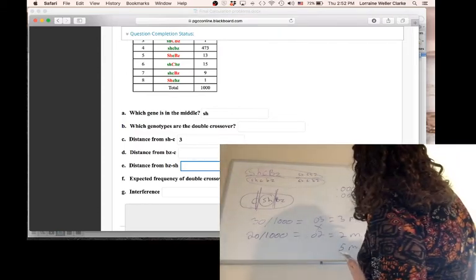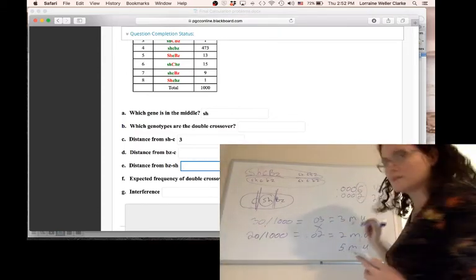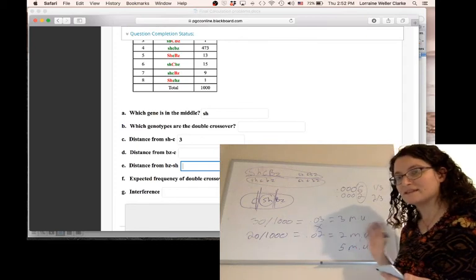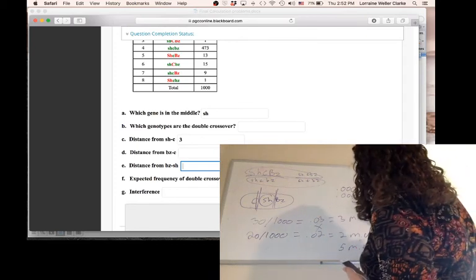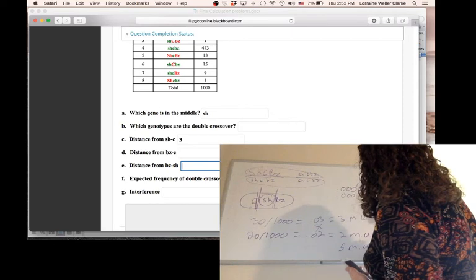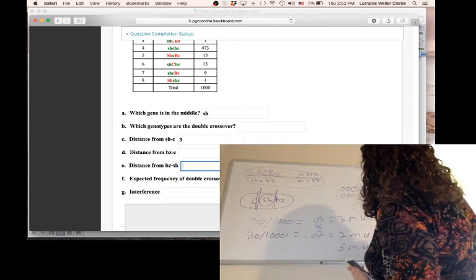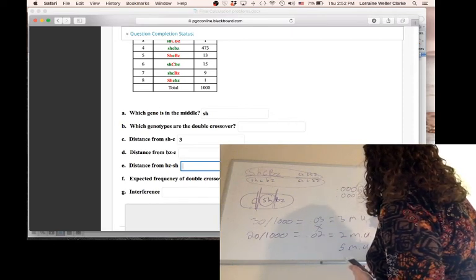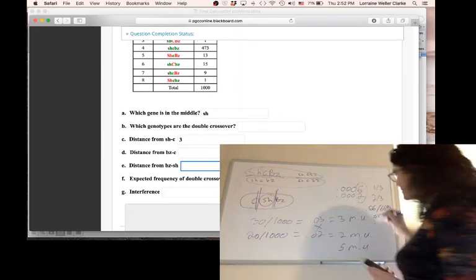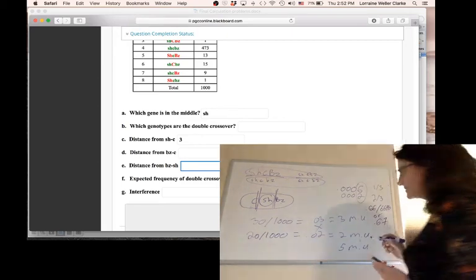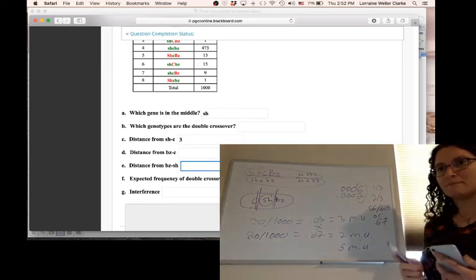It was 2/3 interference, which you should represent as a number, so you could have 0.6666, or because it's 0.66666, 0.67 or 67.